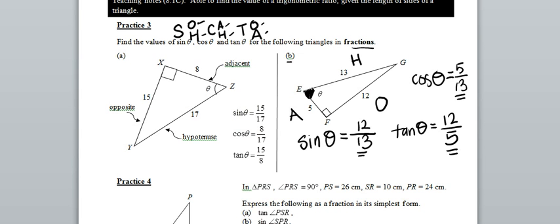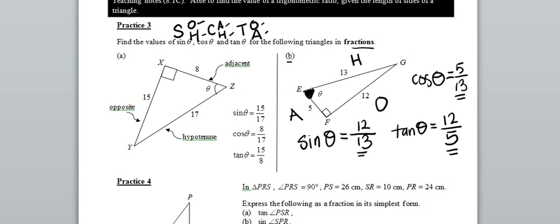Now, please take note that in this question, the angle theta remains the same. Hence, our opposite and adjacent do not change. But in other types of questions, the angle that we are asking for may change depending on the question. Therefore, the opposite and the adjacent side may change according to the angle.